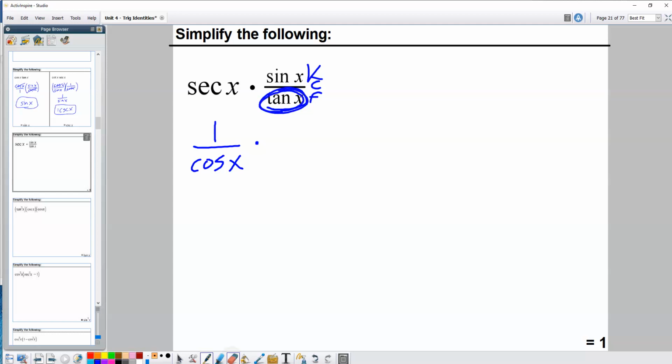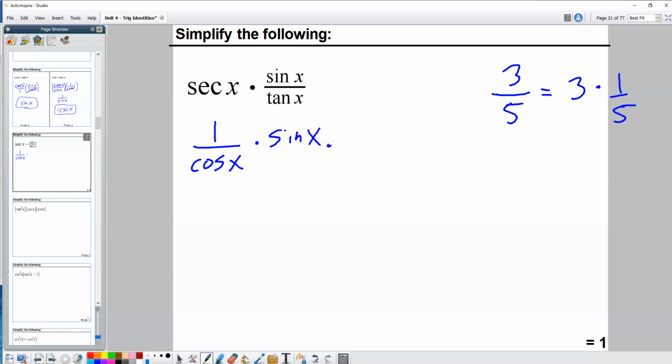I'm not going to do all that. I'm going to separate this fraction out. Like if I have 3/5, that's the same as saying 3 times 1/5. So I'm going to rewrite this as sine of x times 1 over tangent of x.